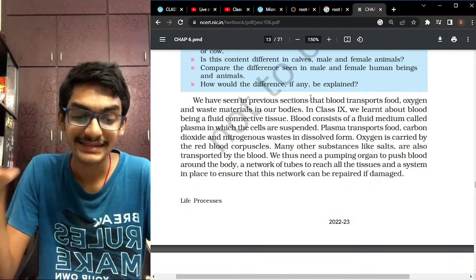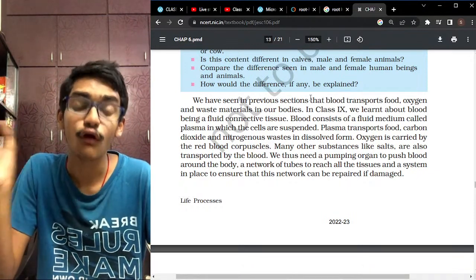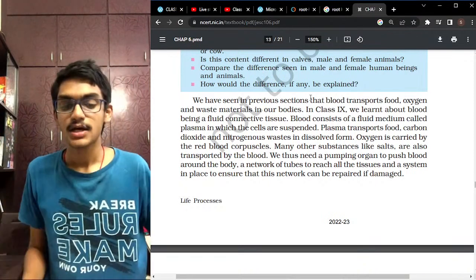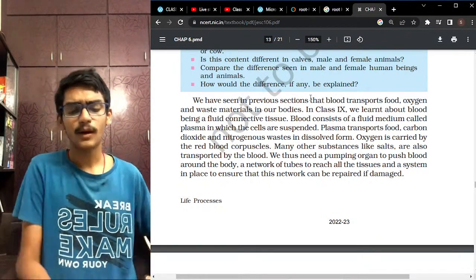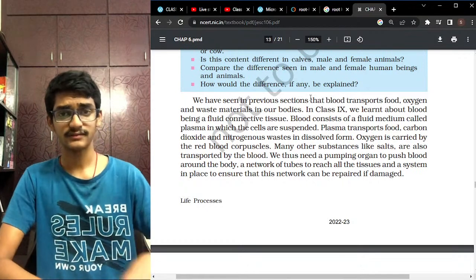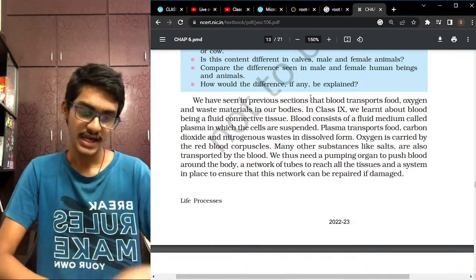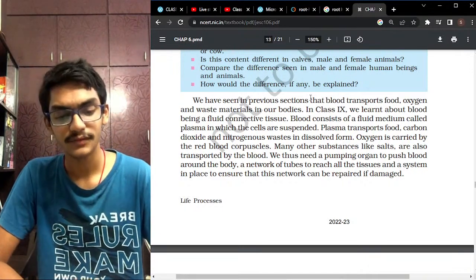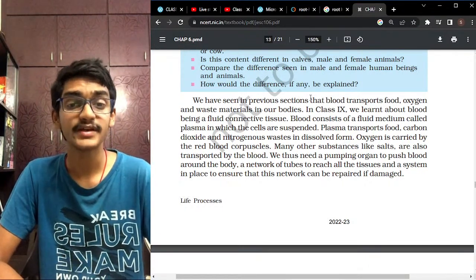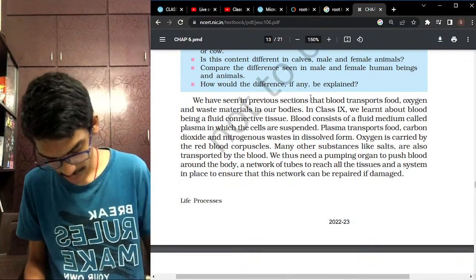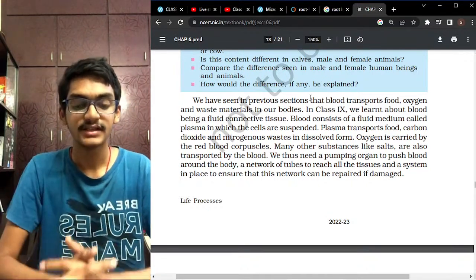Now let us try to understand the main functions of RBCs, WBCs and platelets. This is a very important topic that you have to remember, because many times questions are asked from it. When you talk about blood, always keep in mind that RBCs, WBCs and platelets are there.